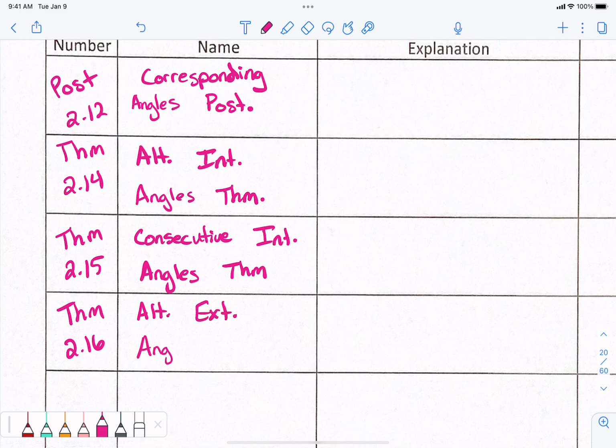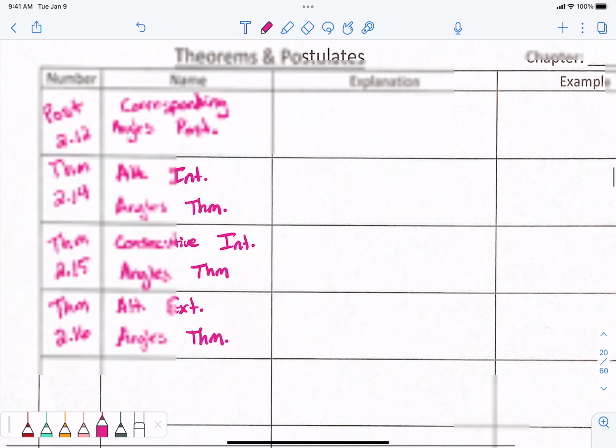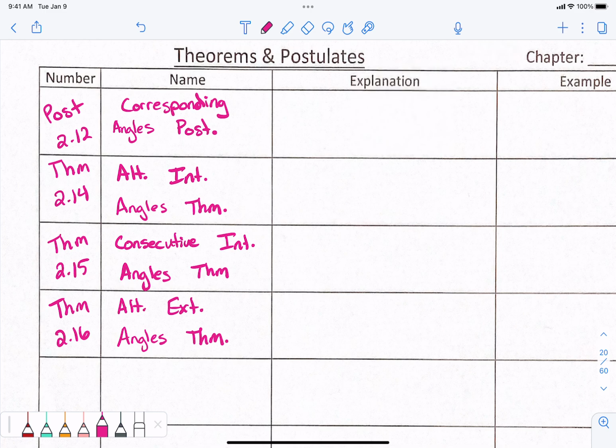Okay, there's your headings. Those are the 4 that we're writing down. Okay, do we get those written down?